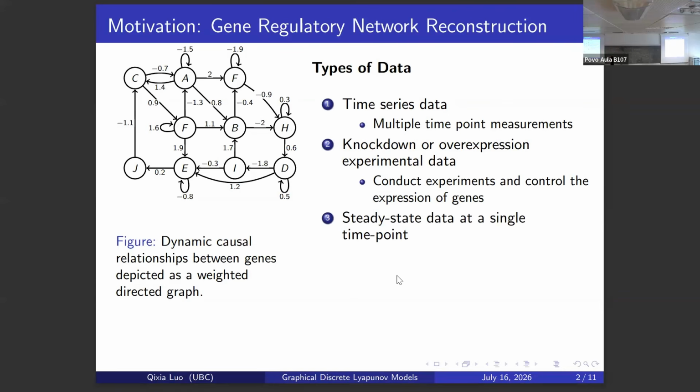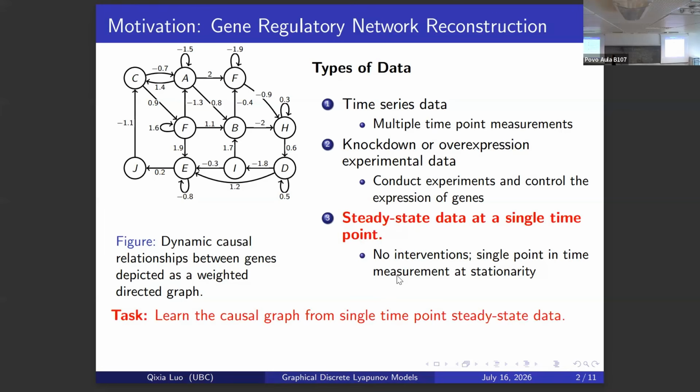The third type of data is steady state data at a single time point. This type of data is observational data, which means that researchers don't intervene in the gene expressions, so they don't conduct any experiments. This type of data is also collected from a single point in time once a gene regulatory network has stabilized, so it's stationarity.